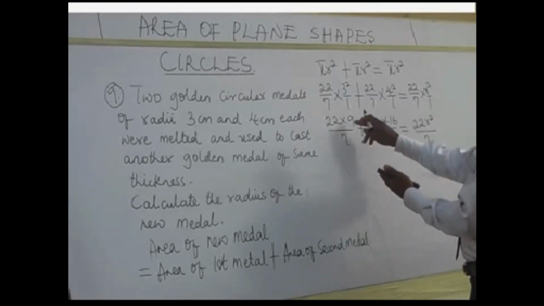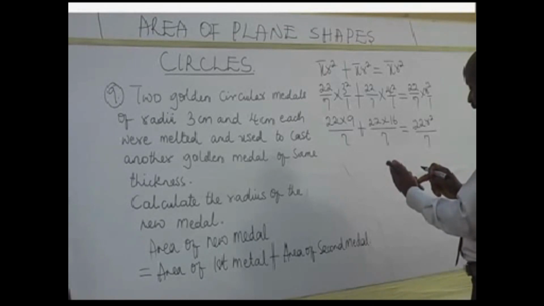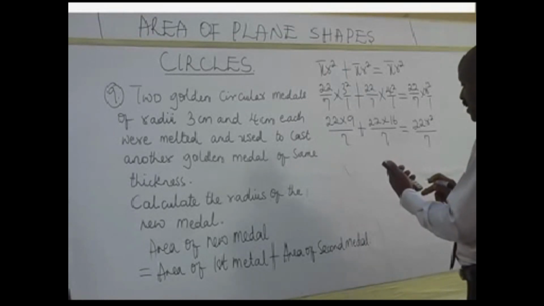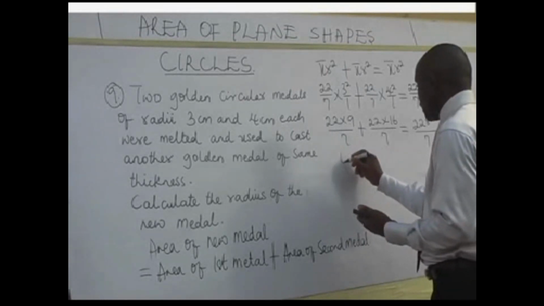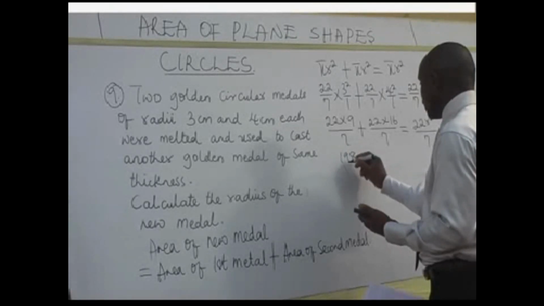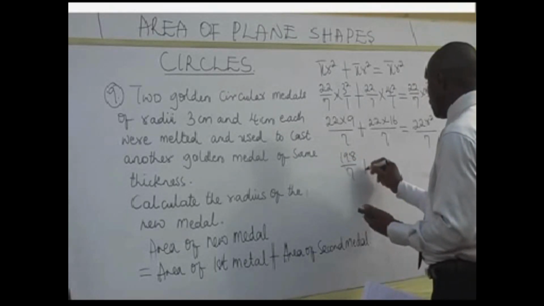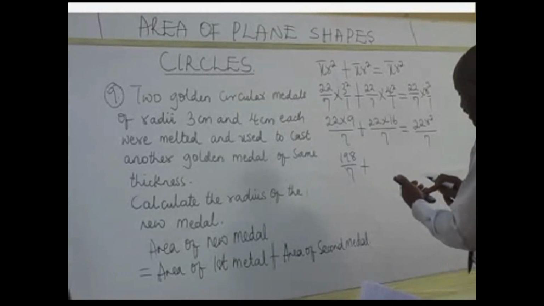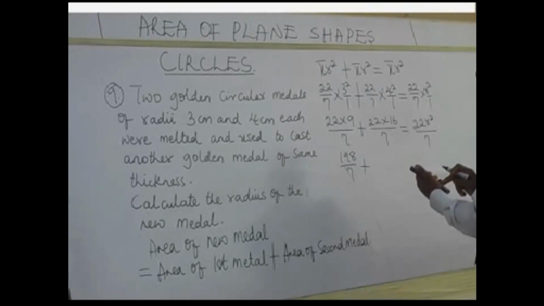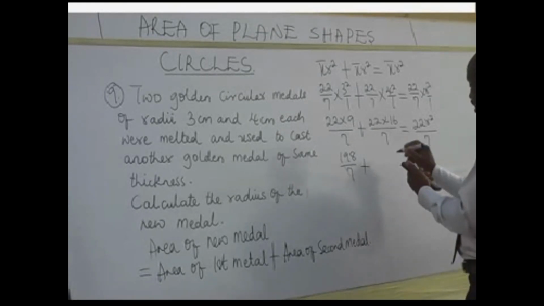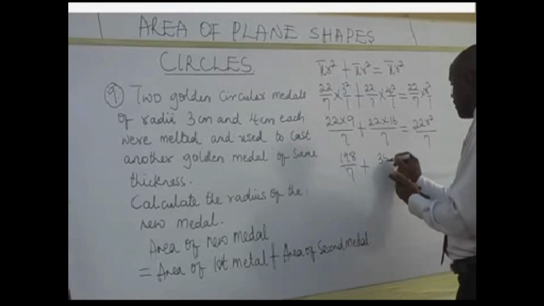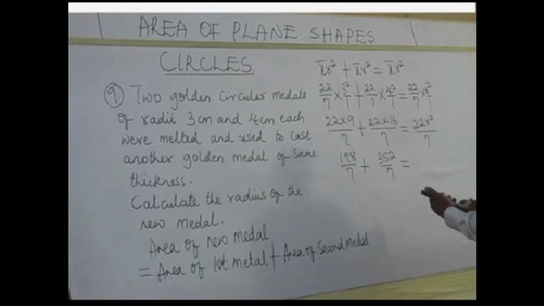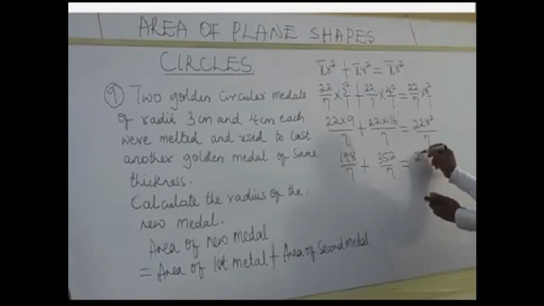Let's find 22 times 9. 22 times 9 is giving me 198. So we have 198 all over 7 plus 22 times 16. 22 times 16 is giving me 352 all over 7. It's going to be equal to 22 r squared all over 7.